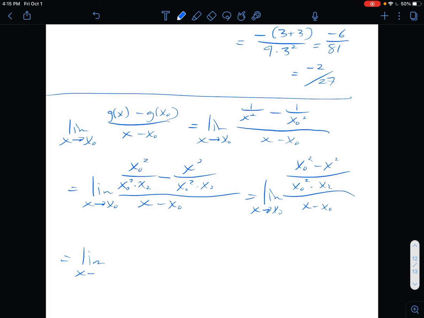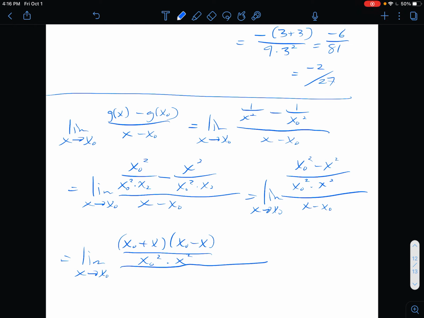I have a difference of perfect squares as I saw before. Factors like so. Oh, this 2 moved by accident. Again, these are opposites, so you can cancel them, but remember that there is a negative after you do that.